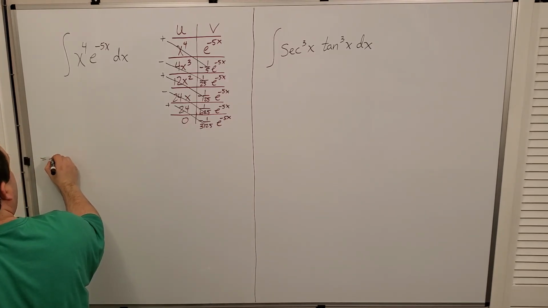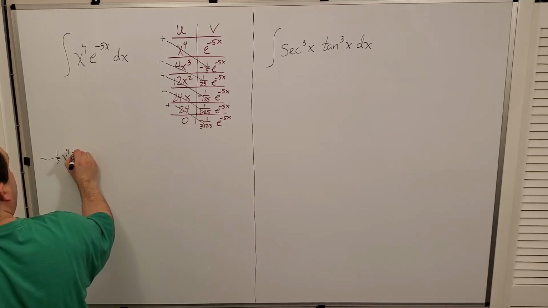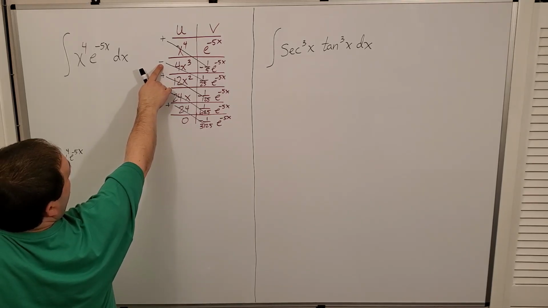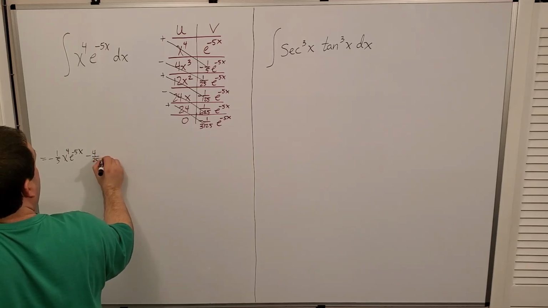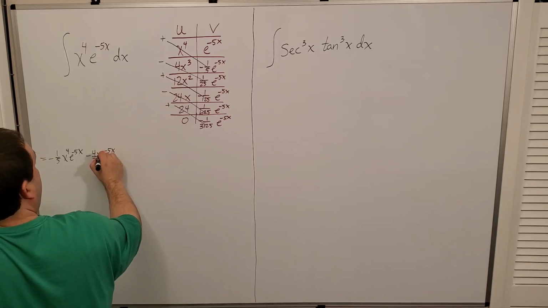So I have negative 1/5 x to the 4th e to the minus 5x. Then next I'll have minus 4 over 25 e to the negative 5x. Whoops, I forgot my x to the 3rd.